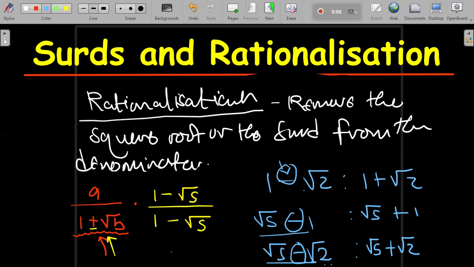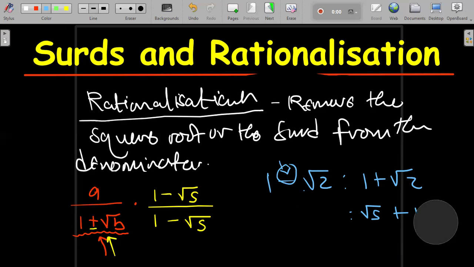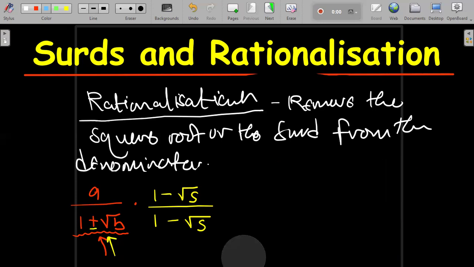What if we had root of 3 and then plus 5? The conjugate will just be root of 3 and then minus 5. So we just change the sign in between there. Once we change the sign, it means we can multiply with that conjugate. Now, when multiplying an expression by its conjugate, you don't have to waste your energy on expanding.